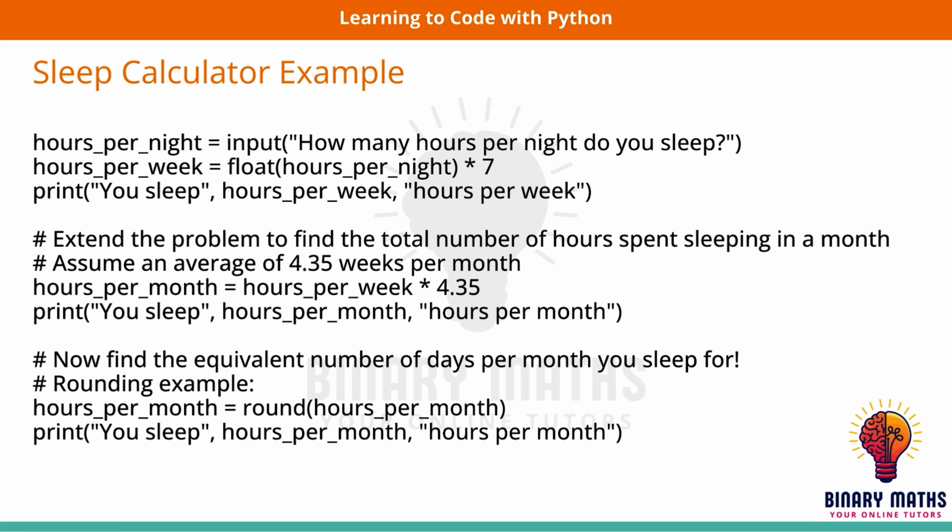We then calculate the total hours per week by multiplying by 7. Next, we calculate the total hours per month by multiplying by 4.35. This is the average weeks per month. Finally, we round the monthly hours to the nearest whole number and print it.